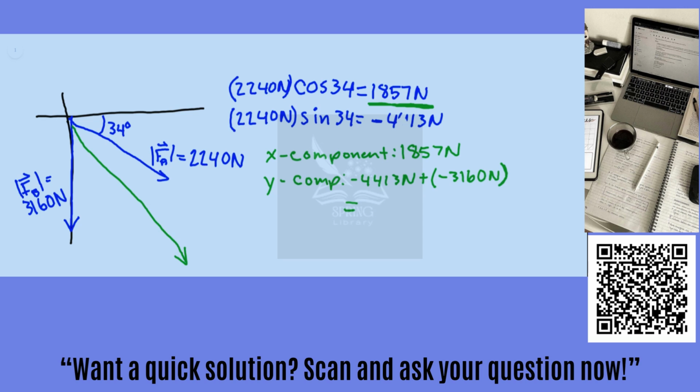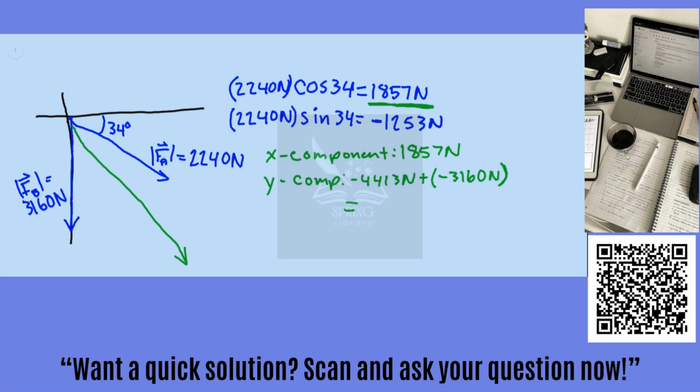Excuse me, I did something wrong here. I just realized that. Oops. That was not what that was equal to. This is right here. It is equal to negative 1,253 newtons.